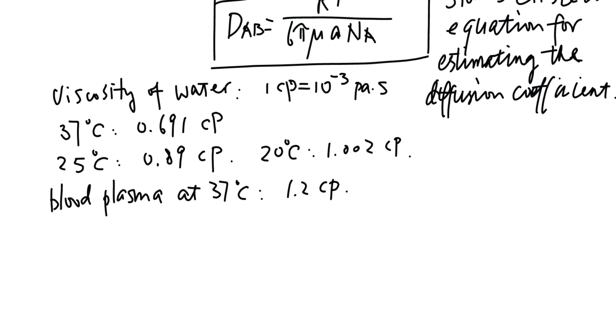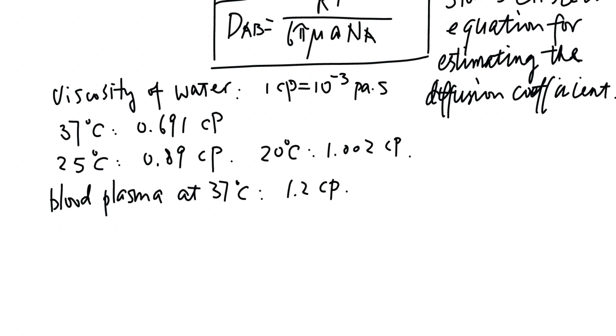Okay, now let's see. In reality, if you solve a real-life problem, you are given a protein or amino acid, and you want to know their diffusion coefficient in water, and if you want to check their size, radius, it's less likely you will find them. Well, maybe you can find them in a handbook, but most likely what you will be given is the molecular weight.